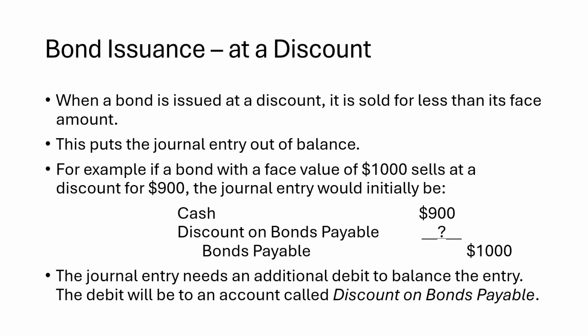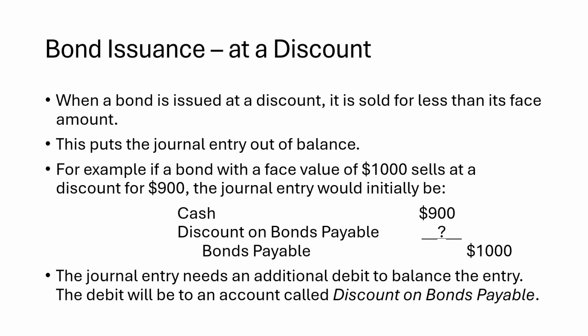So here's an example using those same numbers. When a bond is issued at a discount, it's sold for less than its face value. And what happens when we try to record that journal entry, like we did, for instance, when it was sold at the par value or the face value?